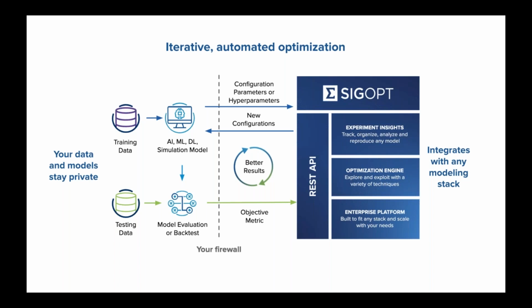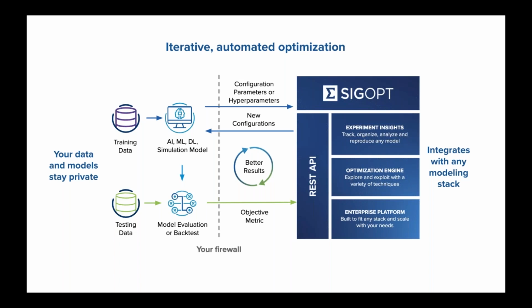Every single model has tunable parameters, from the simplest random forest where you need to select the number of trees to the most complex deep learning or reinforcement learning algorithm where you're selecting learning rates and feature embeddings and a whole plethora of different configs and magic numbers that actually make these systems work.